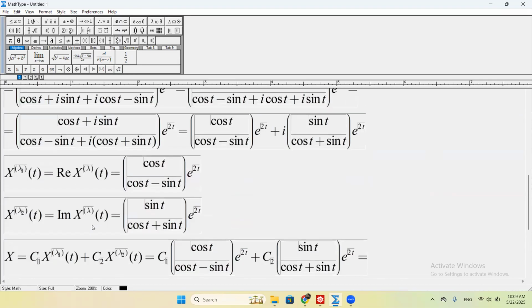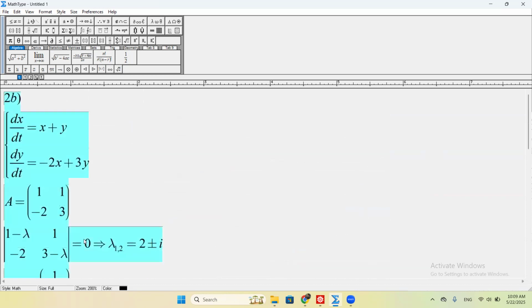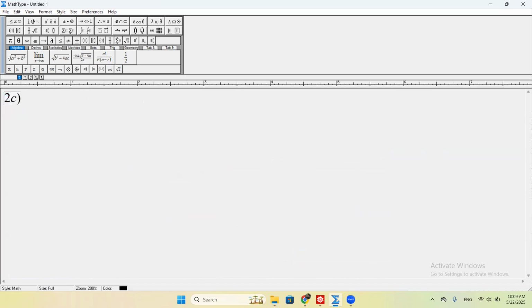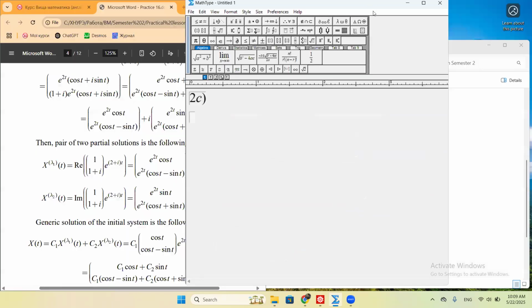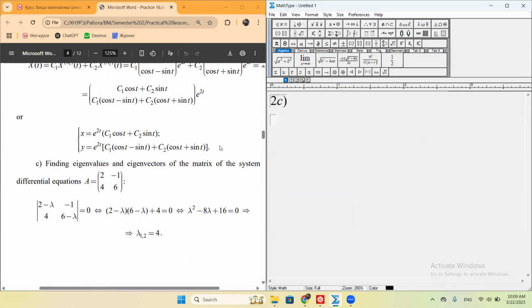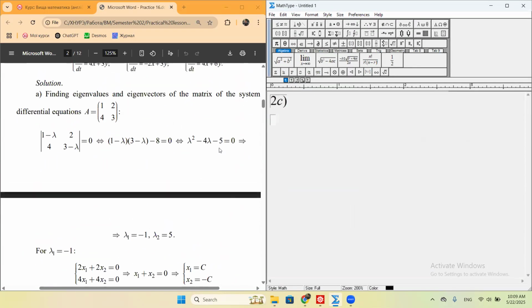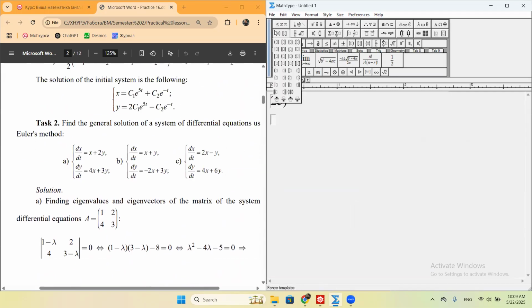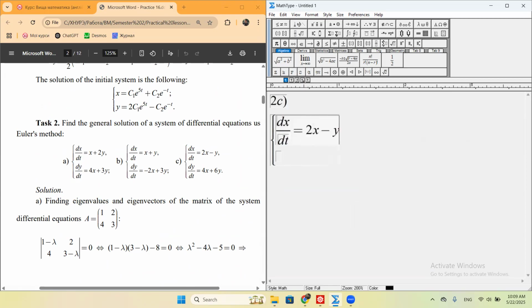So, moving next. Solving 2C. So another interesting case. dx/dt equals 2x minus y, dy/dt equals 4x plus 6y.